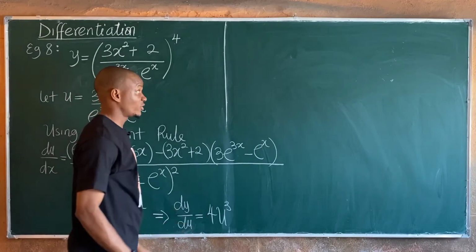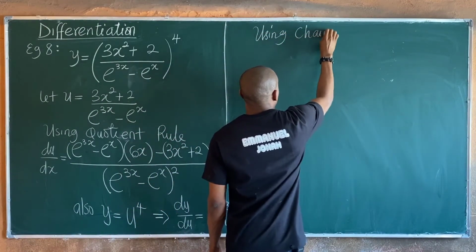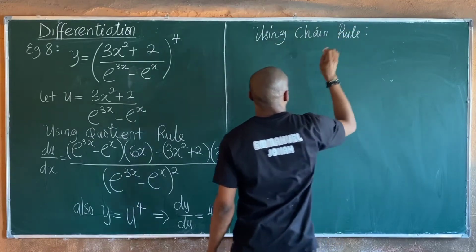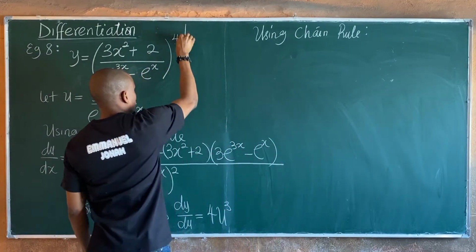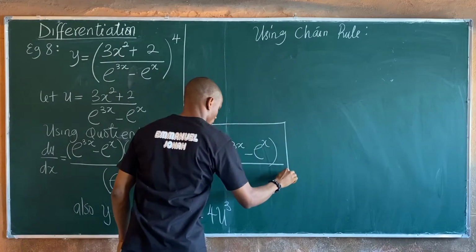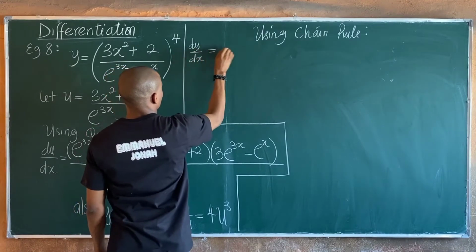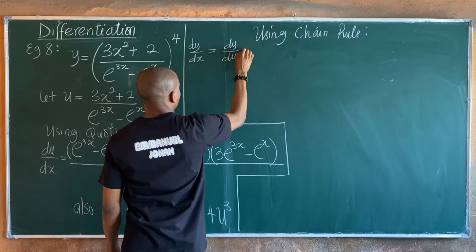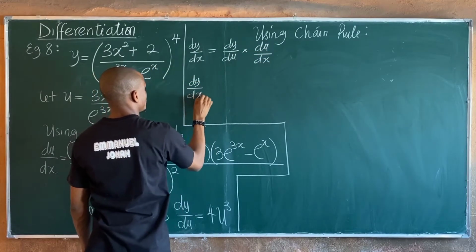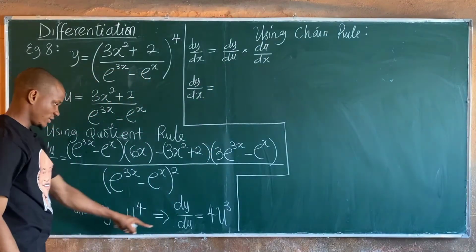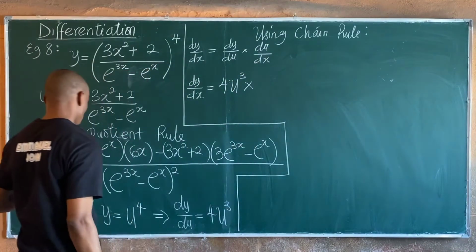Alright, so if I combine my quotient rule answer with this one using chain rule, we have that dy over dx is equal to dy over du times du over dx. So dy over dx is now equal to, dy over du is this, 4u to power 3, times du over dx, which is all of this.